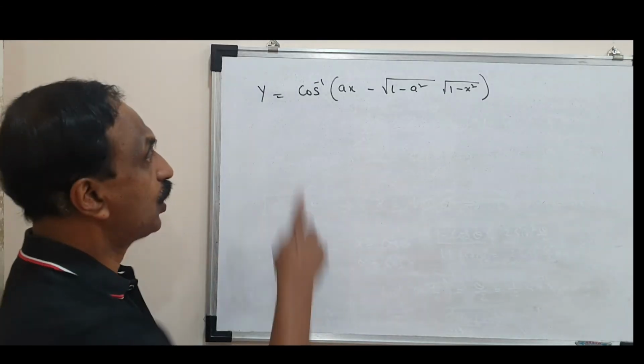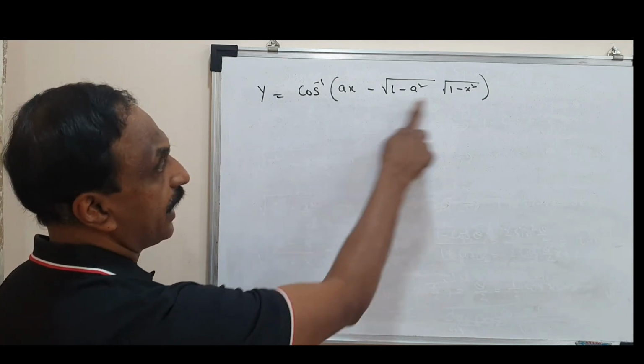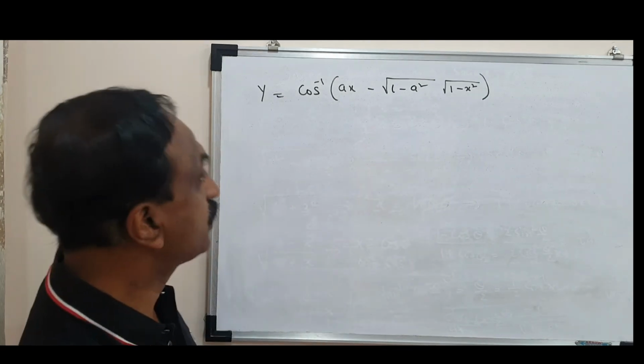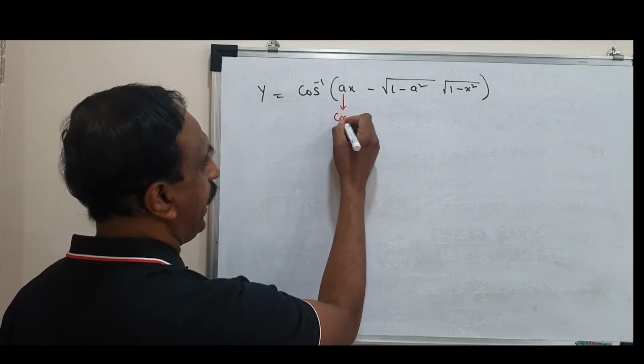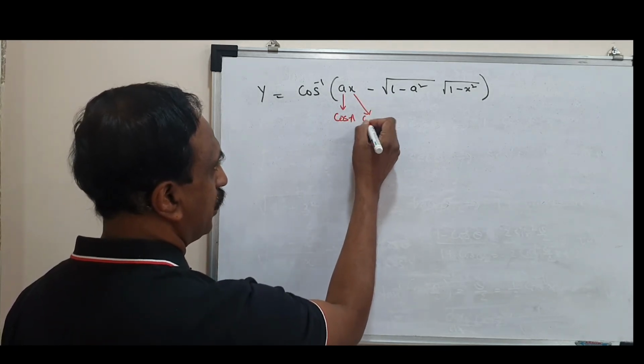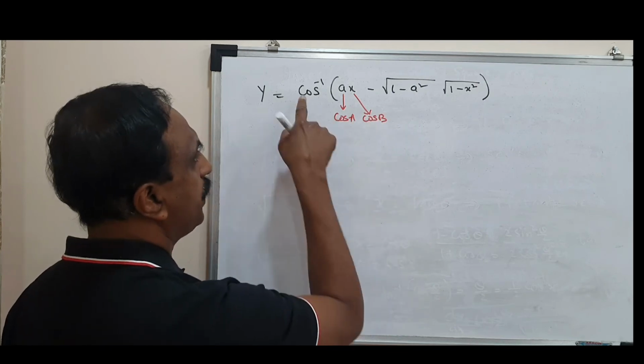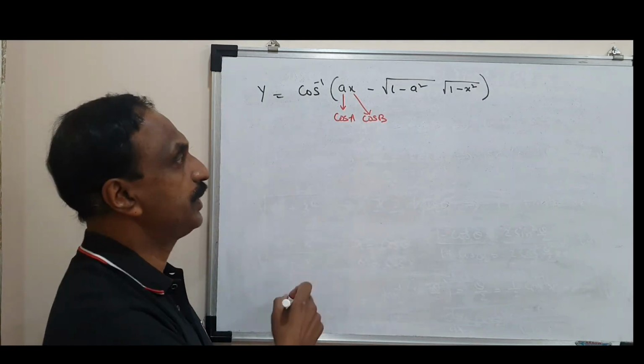Let's have a look at this. Cos inverse you have here. It's very easy to understand what it will be. You can take one of them as cos A and the other as cos B. Why cos A, cos B? Because cos inverse has come.